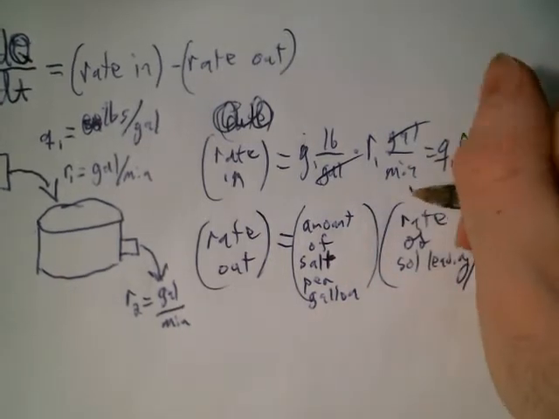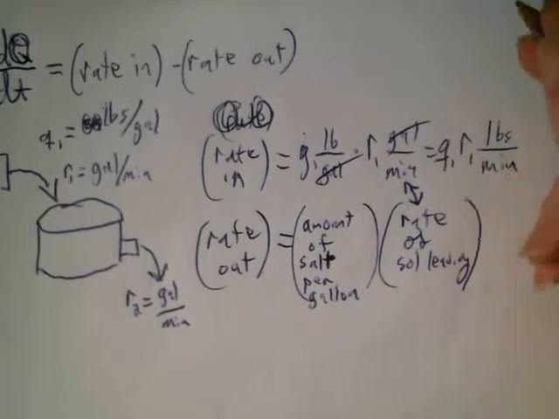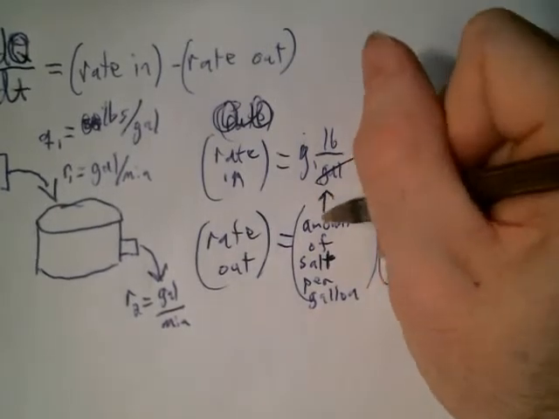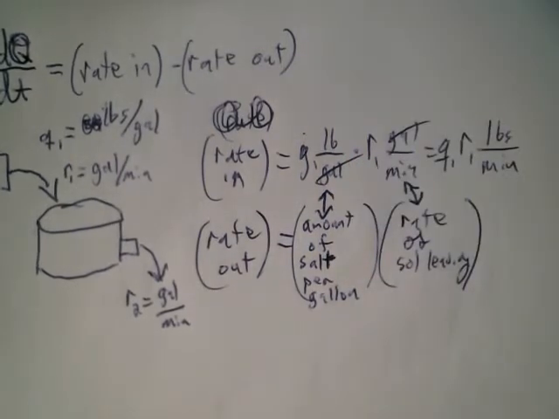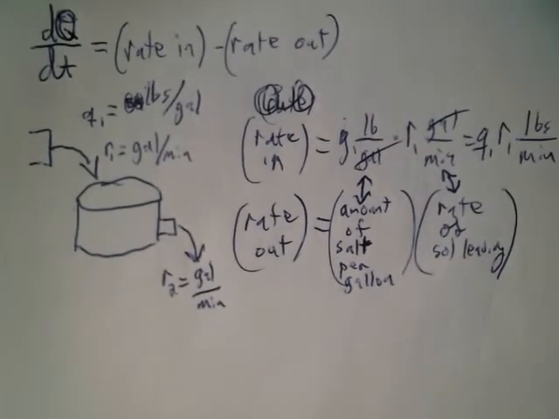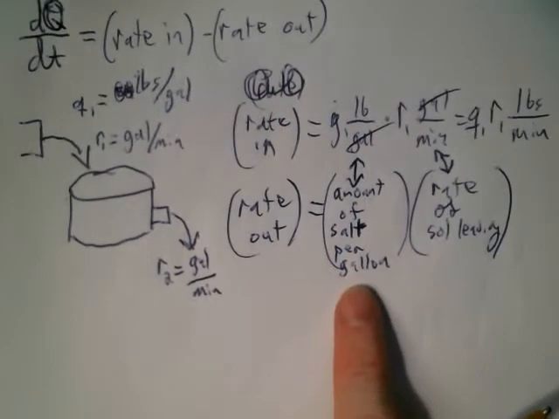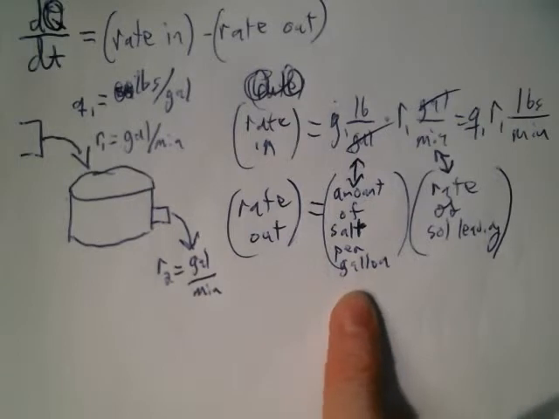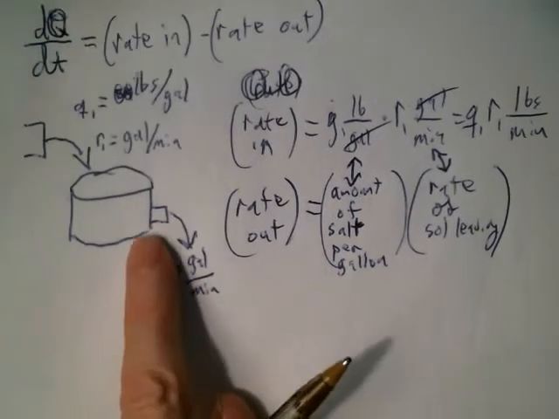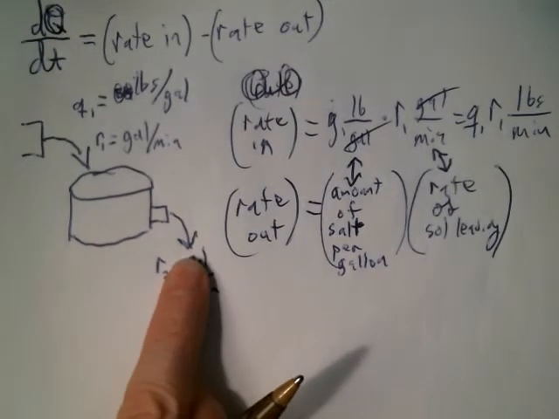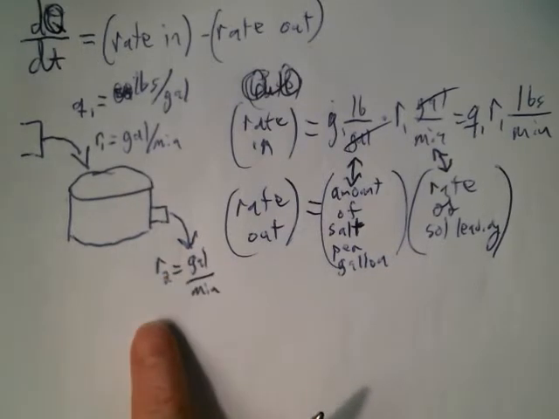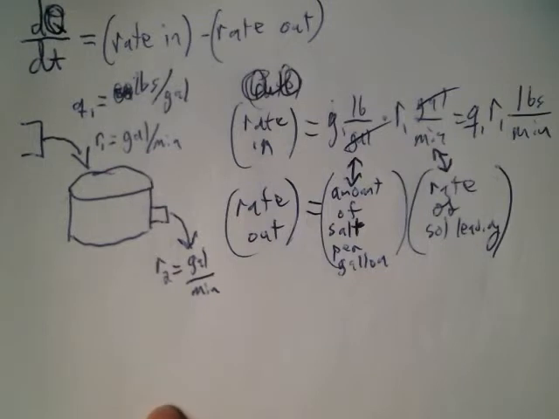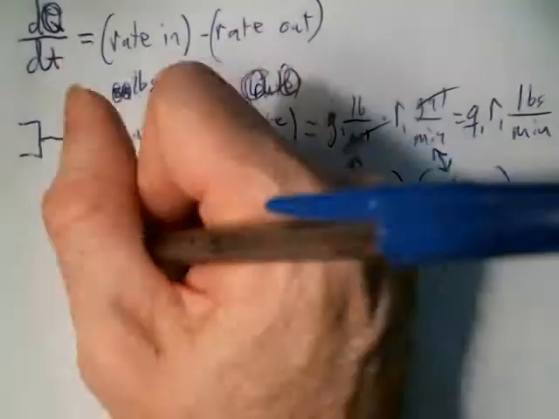The only trouble is we don't know the amount of salt per gallon in this output. So we need some function that will give that to us. So what is that then?